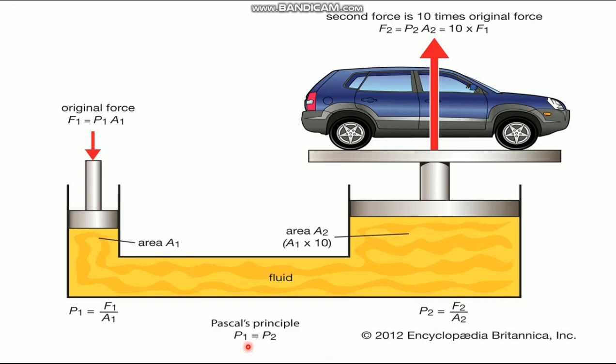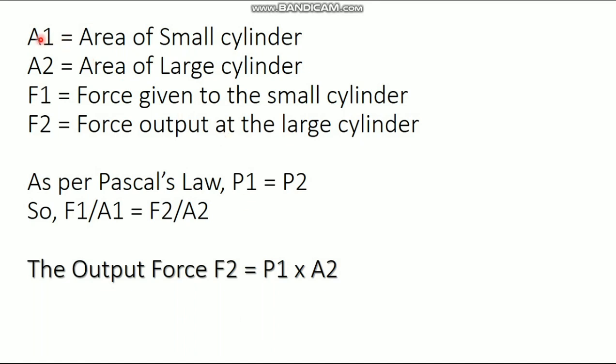So you can see the calculation side. Let us consider A1 is the area of the small cylinder, A2 is the area of the large cylinder. Similarly F1 is the force given to the small cylinder, F2 is the force output at the large cylinder. As per Pascal's law, P1 is equal to P2.